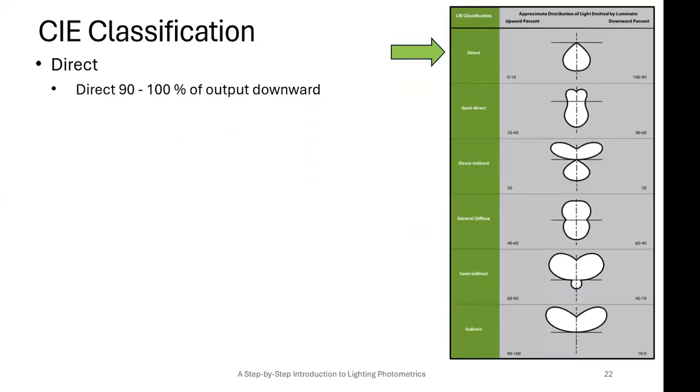Now we're going to switch gears again, and we're going to go into three things that you need to know that are part of photometrics that you're going to run into when you deal with lighting photometrics. The first thing we're going to talk about is something called CIE classification.